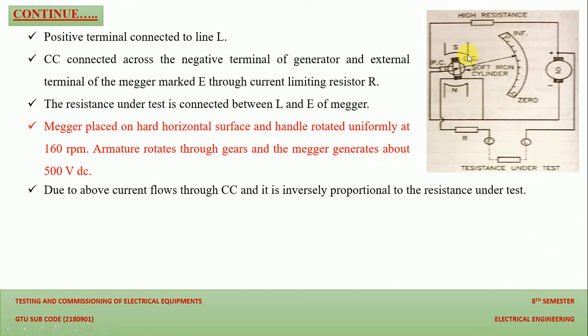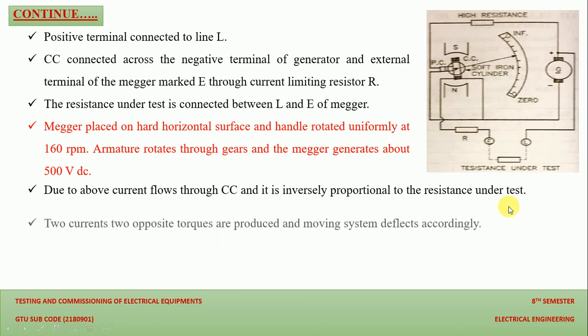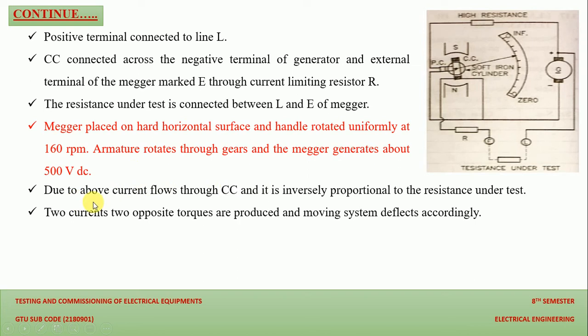The current in the current coil CC is inversely proportional to the resistance under test. If the resistance is more, the current through the current coil will be less, and if the resistance is less, the current through the coil will be more.